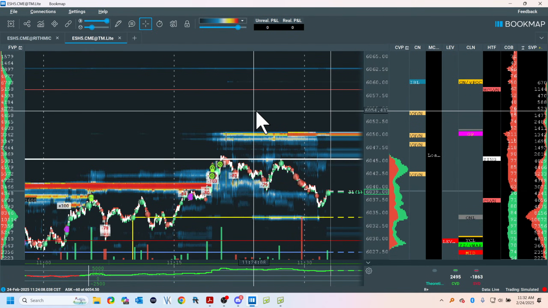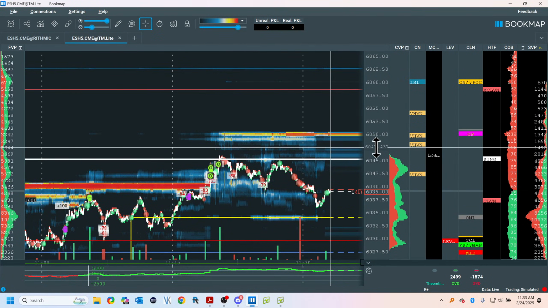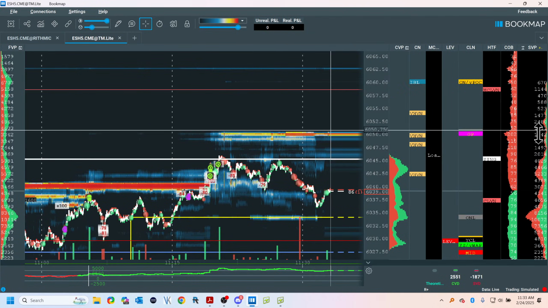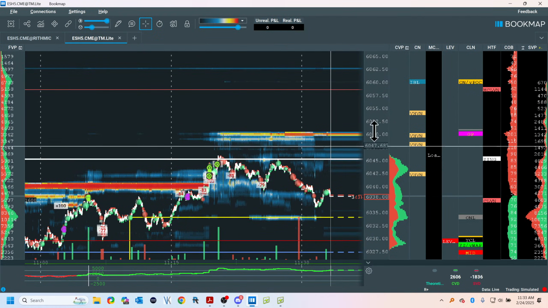Do I consider LVNs? Yeah, I do. However, LVNs are weak areas. They're outside edge structures. There's stops at these edges. So out here, when we fell out of here and ran away, this outside edge up here is where there's stops.